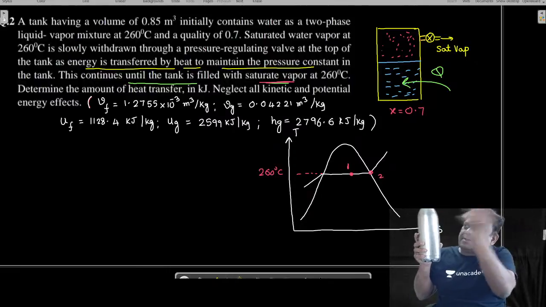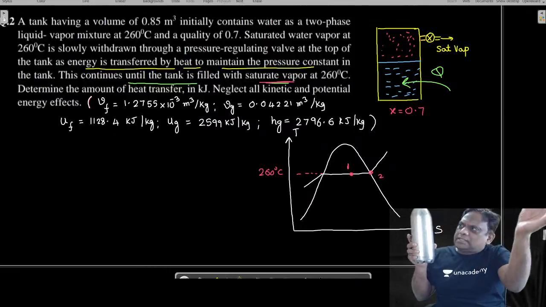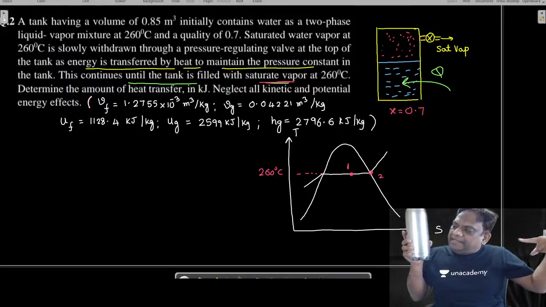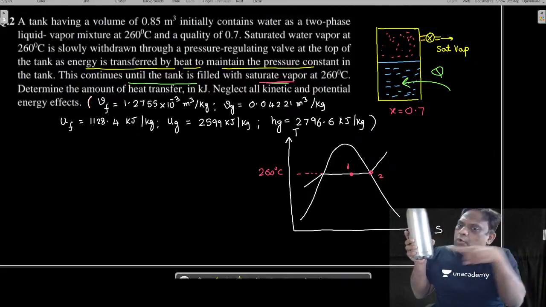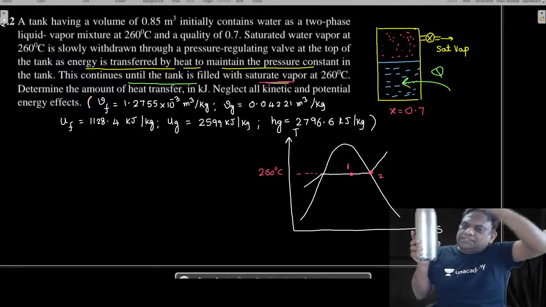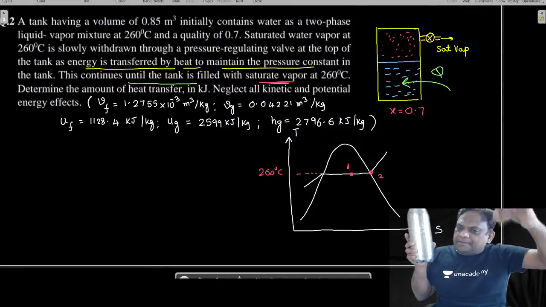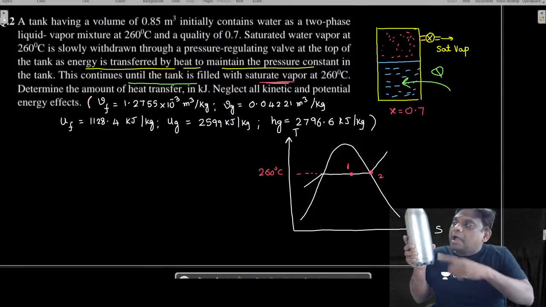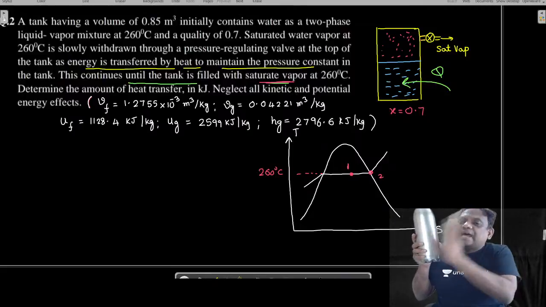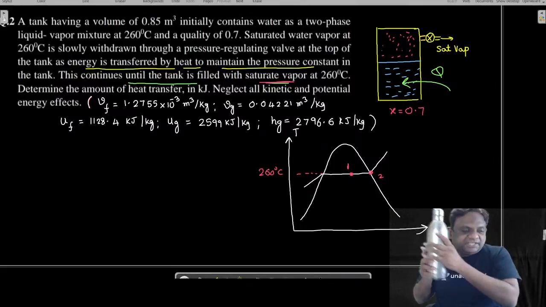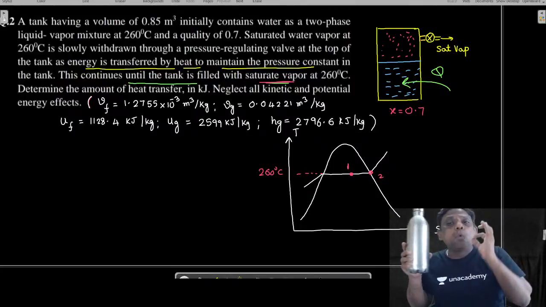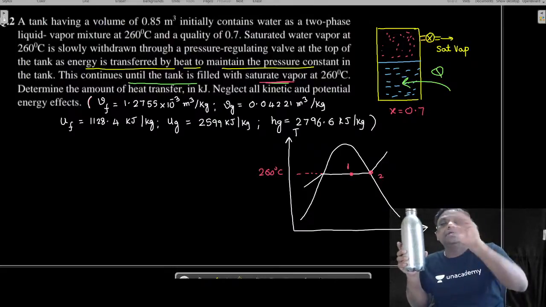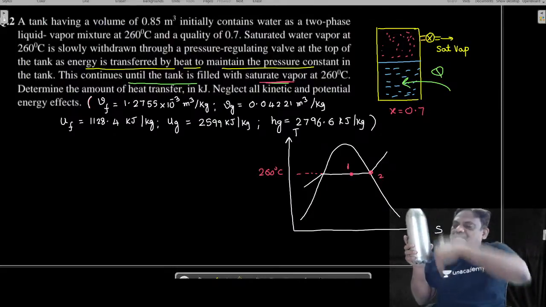But when you take out that vapor, the pressure will fall, so to maintain the same pressure, heat is supplied. How long? Until this tank contains all saturated vapor at 260. He is asking how much heat is supplied to reach that final condition.